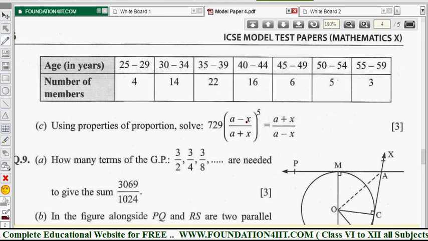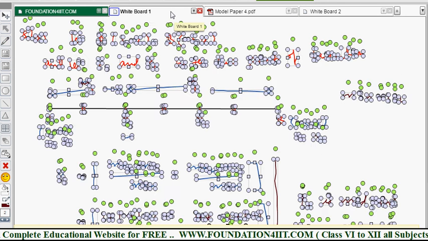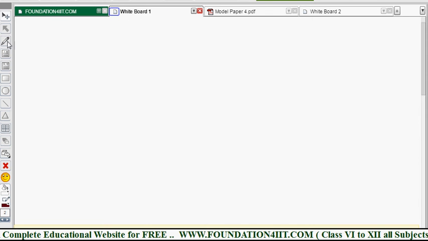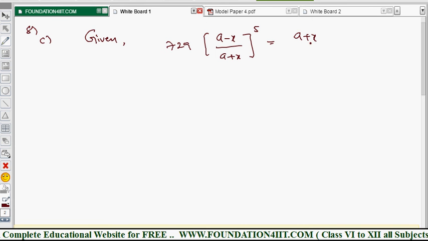Solve 729 times (a minus x by a plus x) whole to the power 5 is equal to a plus x by a minus x. Solve means we need to find the value of x. So we'll use the componendo and dividendo rules. Let me take the data. Your given equation is 729 (a minus x by a plus x) whole to the power 5 is equal to a plus x by a minus x.